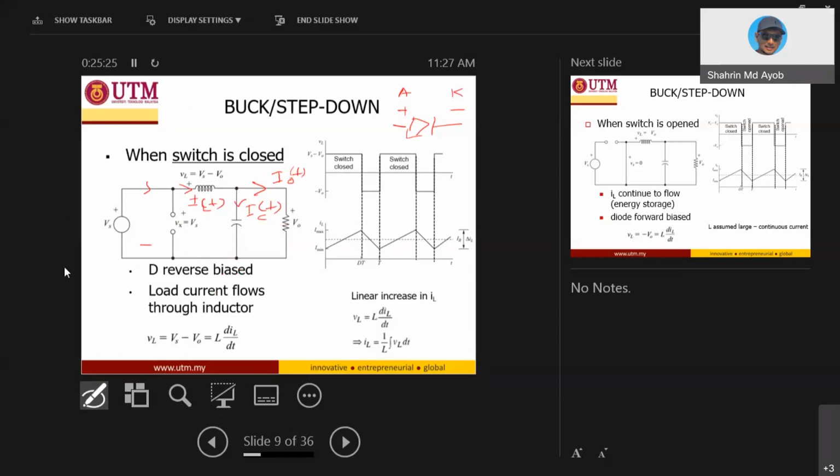And the voltage across the inductor right now, what should it be? This one is not Vs, and this one is not V out. So your inductor voltage is Vs minus V out.